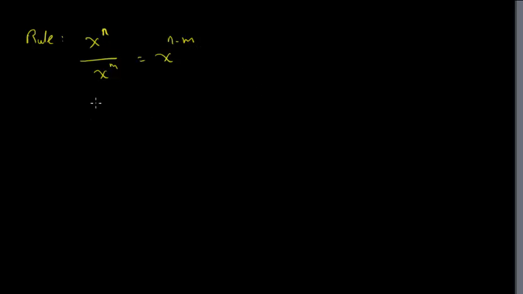Or let's do another example. 4 to the third power over 4 to the second power. We can write it as 4 to the 3 minus 2, 4 to the first power, equals 4. So as for the quotient, you subtract the exponents.